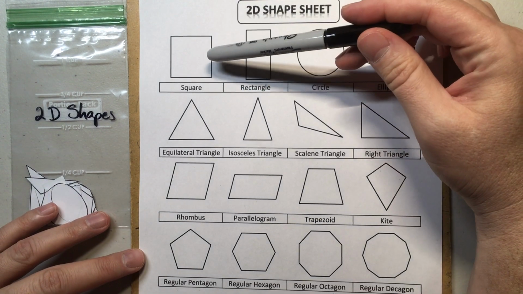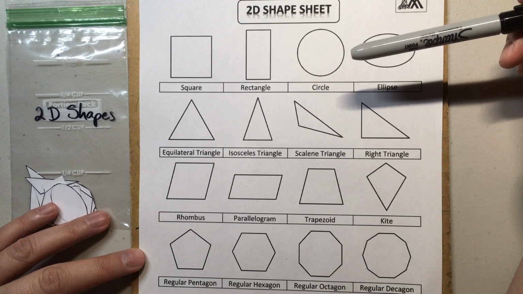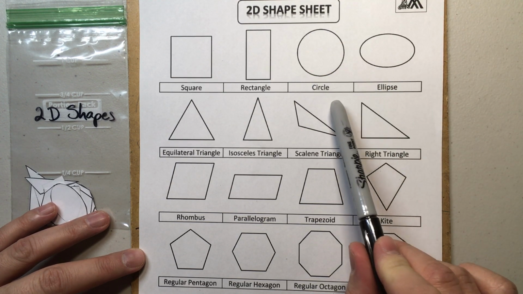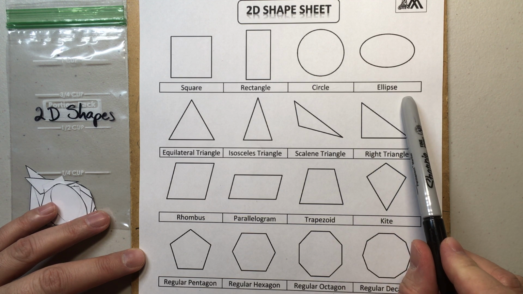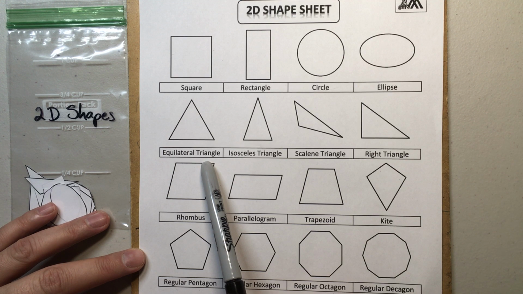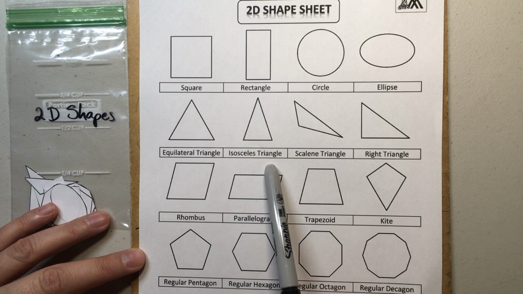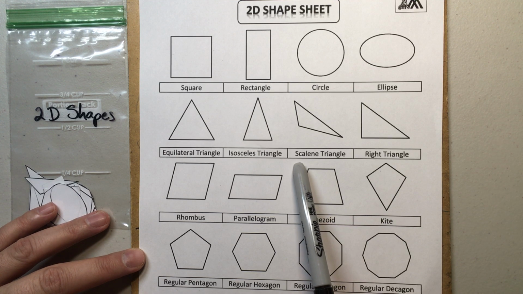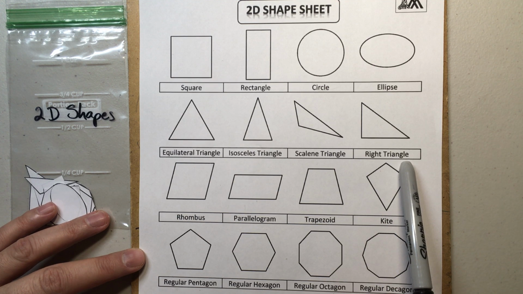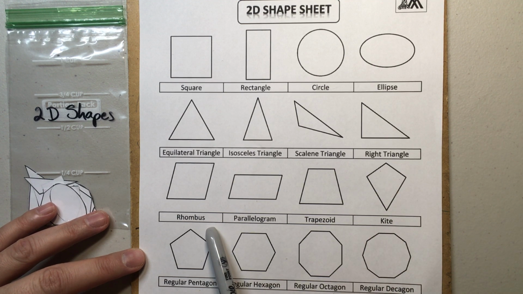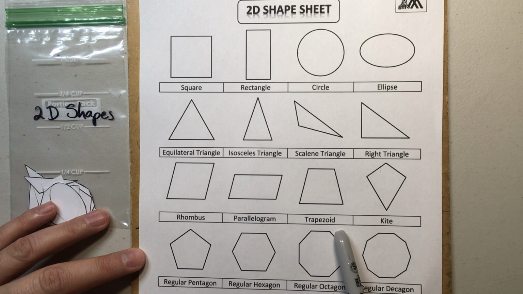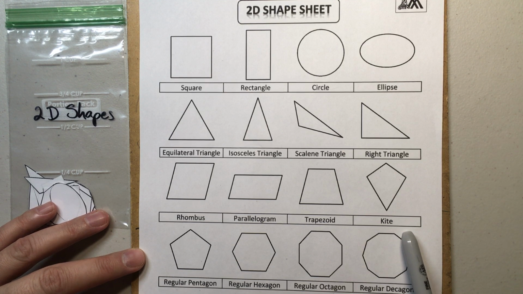So we have our square, obviously, a rectangle, a circle, an ellipse, an equilateral triangle, an isosceles triangle, a scalene triangle, a right triangle, a rhombus, a parallelogram, a trapezoid, a kite.